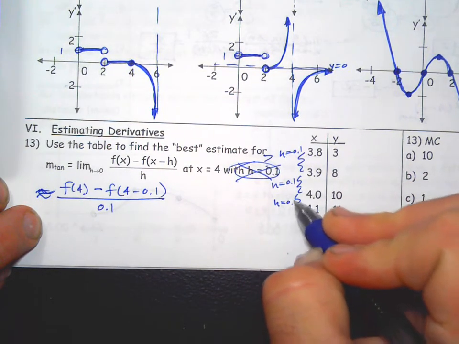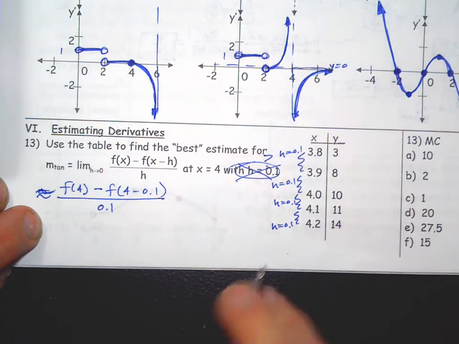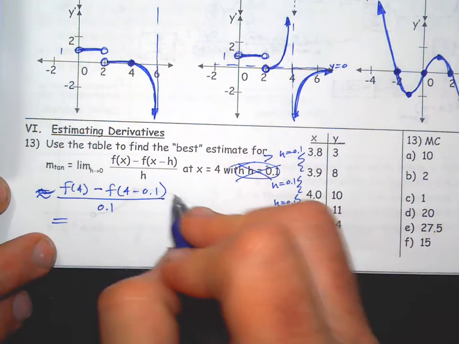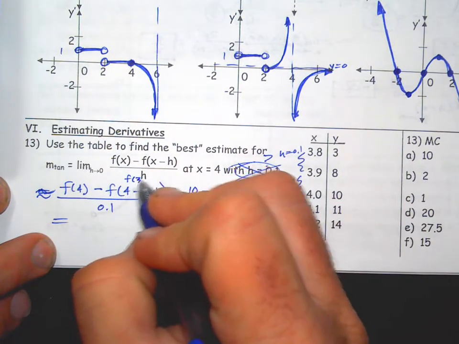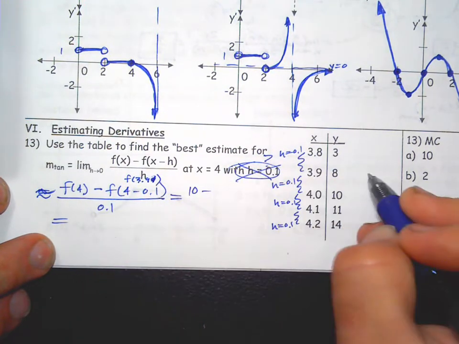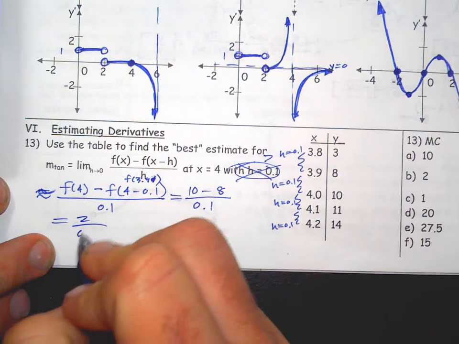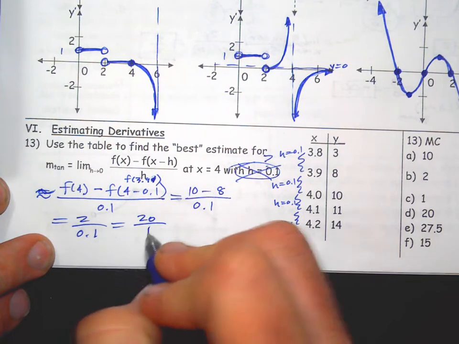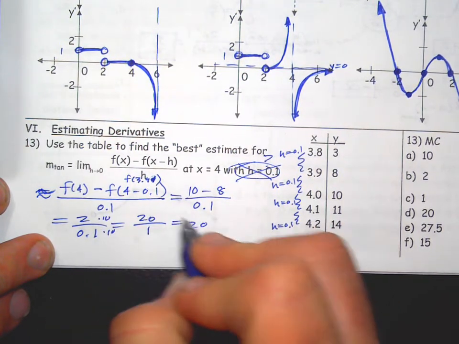So even if h isn't given to you, it's easy to find. From this picture, that's going to be 10 minus f of 3.9, which is 8, over 0.1. It's going to be 2 over 0.1. It's going to be 20 over 1. If you multiply top and bottom by 10 to get rid of the decimals, the answer is going to be 20.